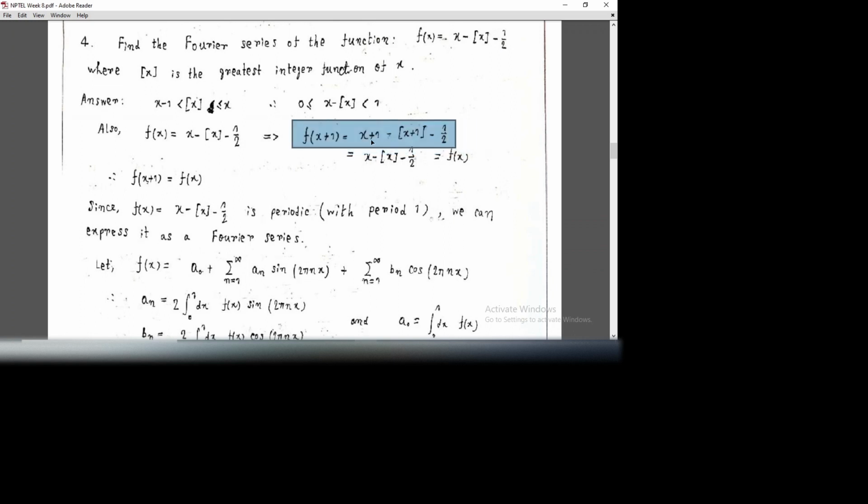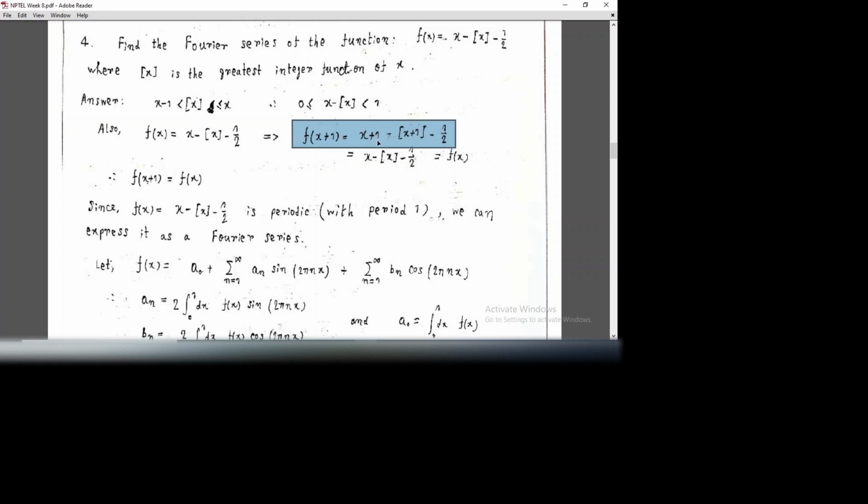I have just substituted x plus 1, so x plus 1 minus this, and box of x plus 1, as you have suspected, is box x plus 1, because 1 is already an integer. So that is what I have used here.